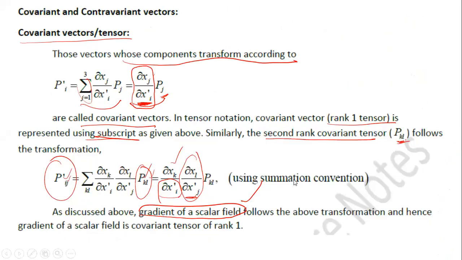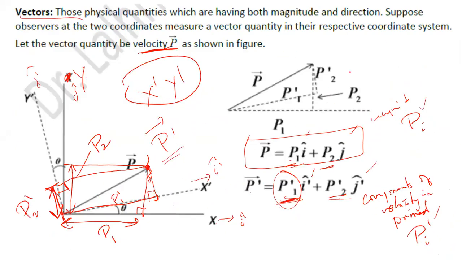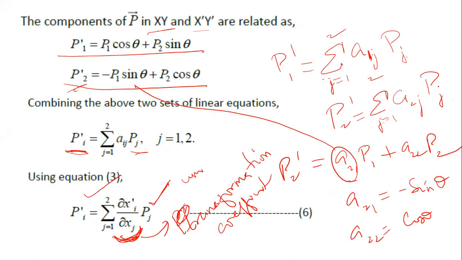So that is the transformation relation we have discussed here. For the velocity vector, these are the components in unprimed and these are the components in primed. Then we write down the transformation relations, which involve direction cosines. As we discussed before, these can be replaced with partial derivatives; partial derivatives are equivalent to direction cosines.